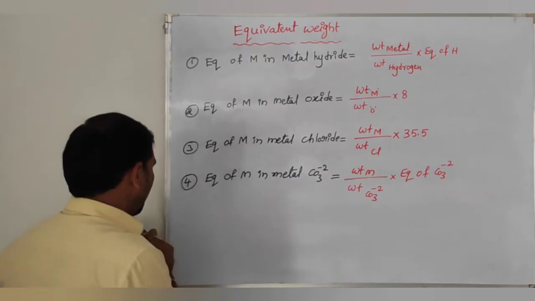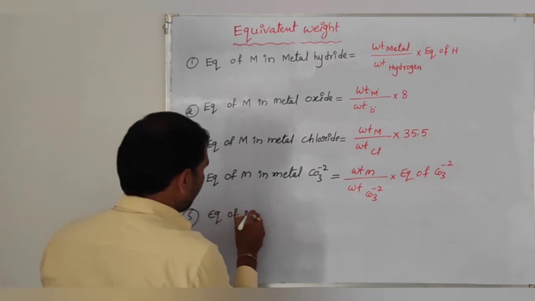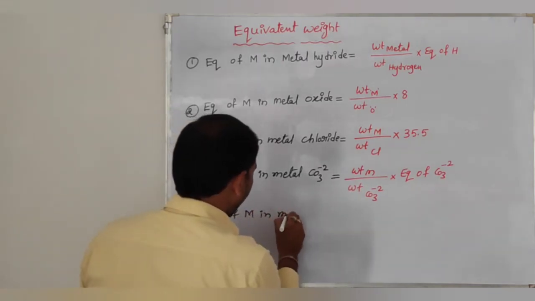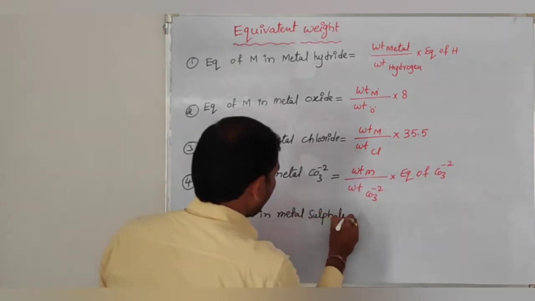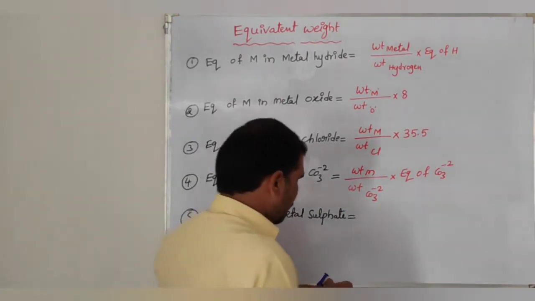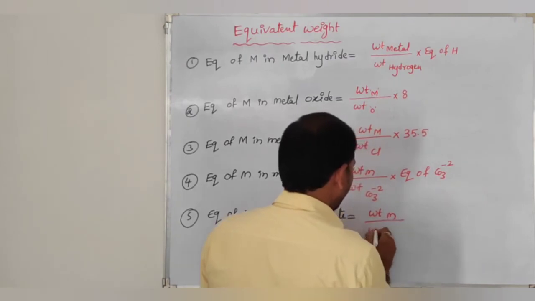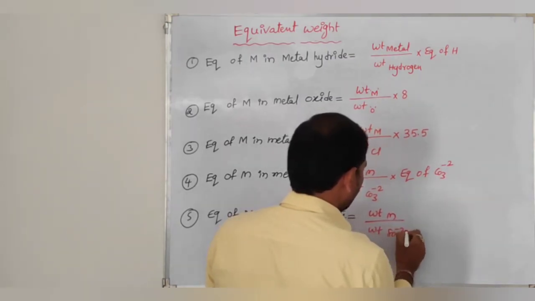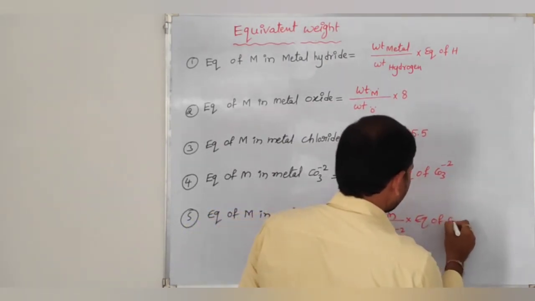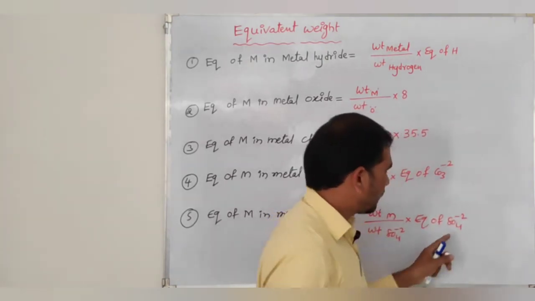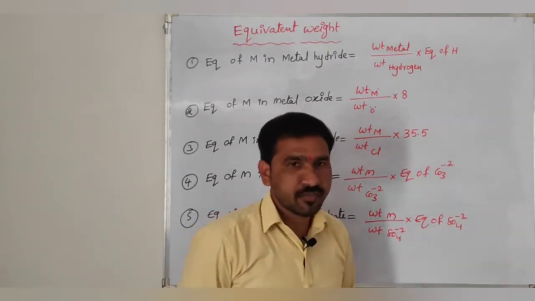Then next, equivalent weight of metal in metal sulfate, that is equal to weight of metal divided by weight of sulfate SO4 minus 2 into equivalent weight of sulfate. SO4 minus 2: 32 plus 64 divided by 2, like that we can take. By that we will get the equivalent weight of sulfate.